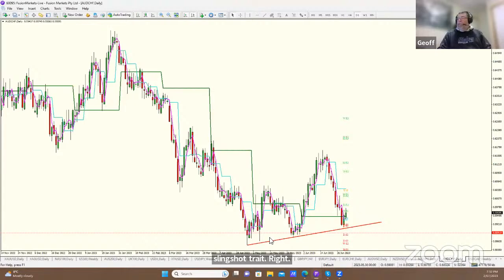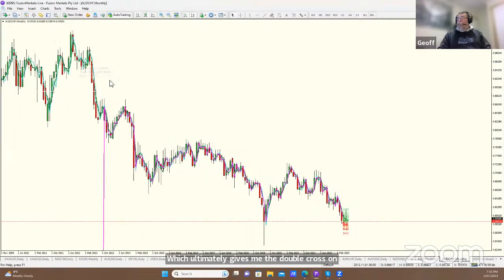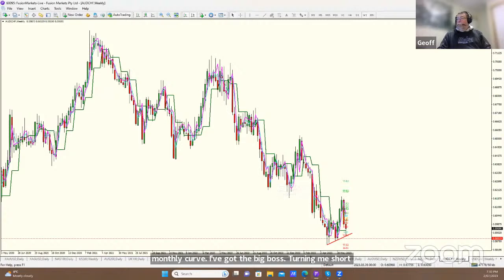So I've also got a slingshot candle pattern, which is this one, followed by this one, followed by this one, which ultimately gives me the double cross on the monthly pivot. I've got the big boss telling me short is the sport. I've got the weekly pivot telling me there's been a potential short covering rally, and now we may be going back to trend.